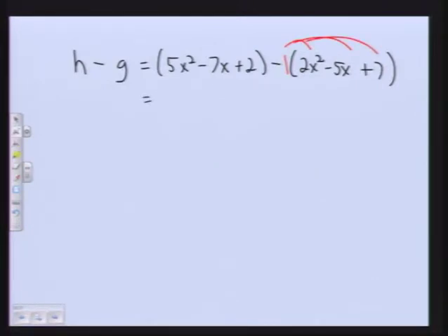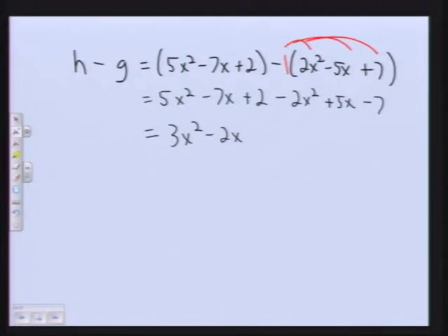So we end up with 5x squared minus 7x plus 2 minus 2x squared plus 5x minus 7. Now this answer is going to look a lot like the previous problem, but the signs are going to be different. We get 3x squared minus 2x minus 5. But that's still a different answer. And our domain is going to be all real numbers again.